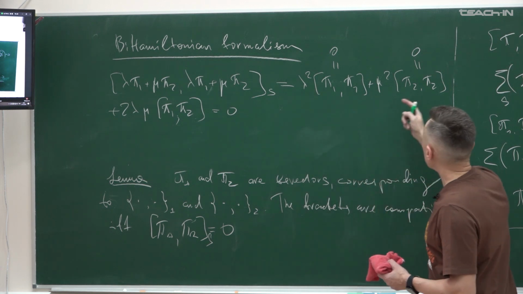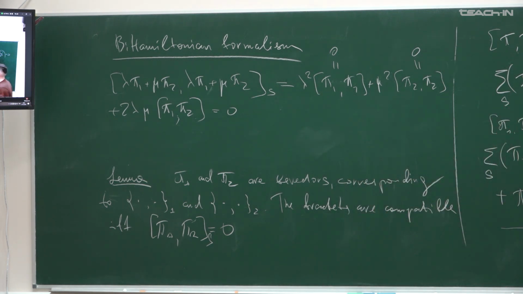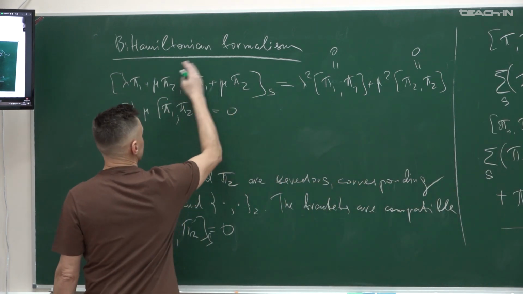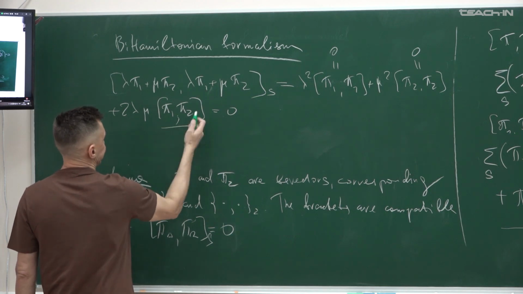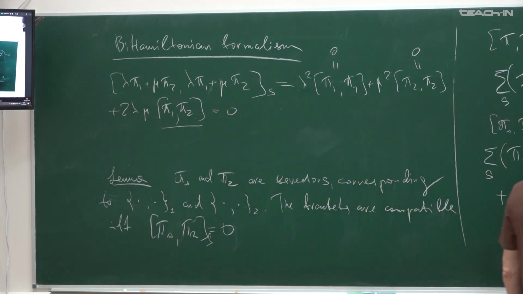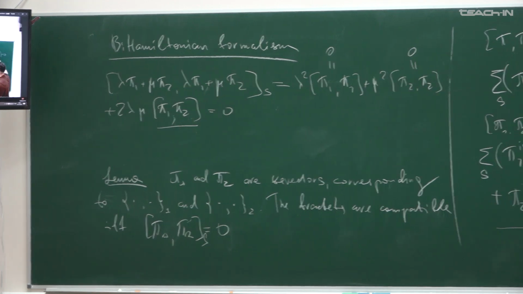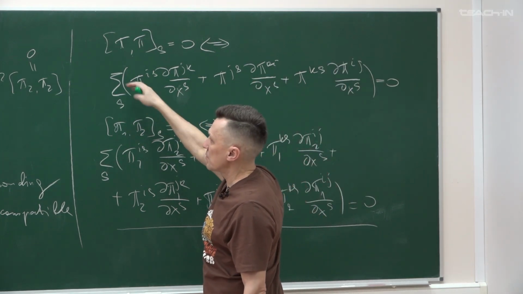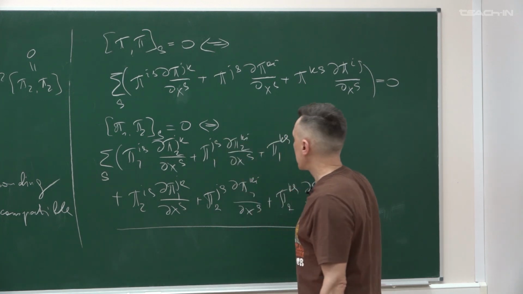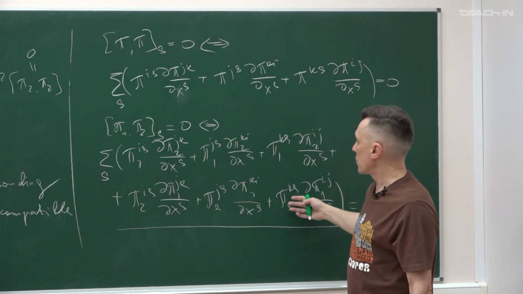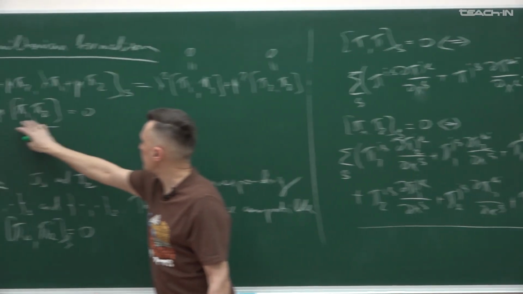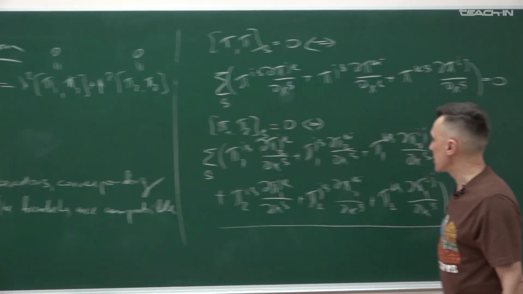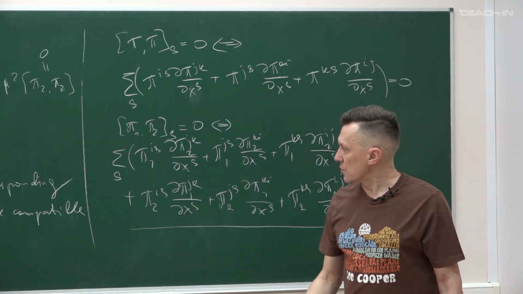So these parts are zeros because pi i are Poisson bivectors. And now we ask that this is 0, so it means that this condition is fulfilled. And if we just expand this condition and plug in each place the linear combination of pi1 and pi2, we will get this middle term, with coefficients of pi1 and pi2. It will be an expression of such type.